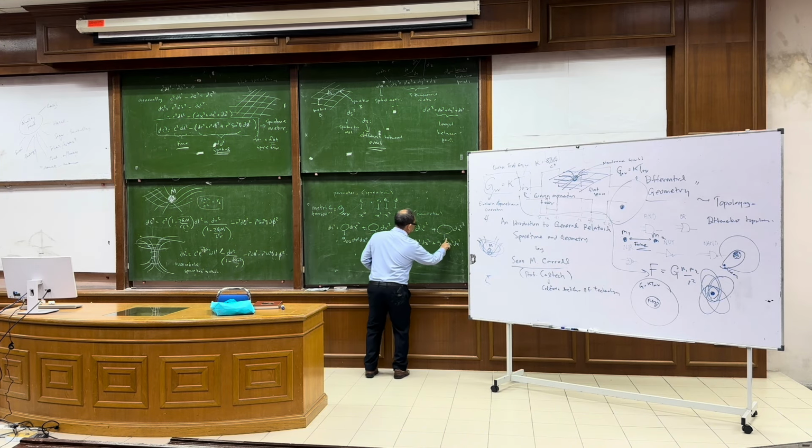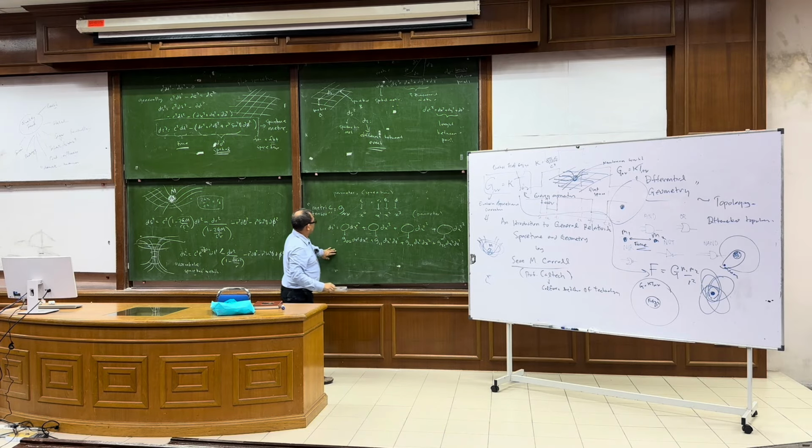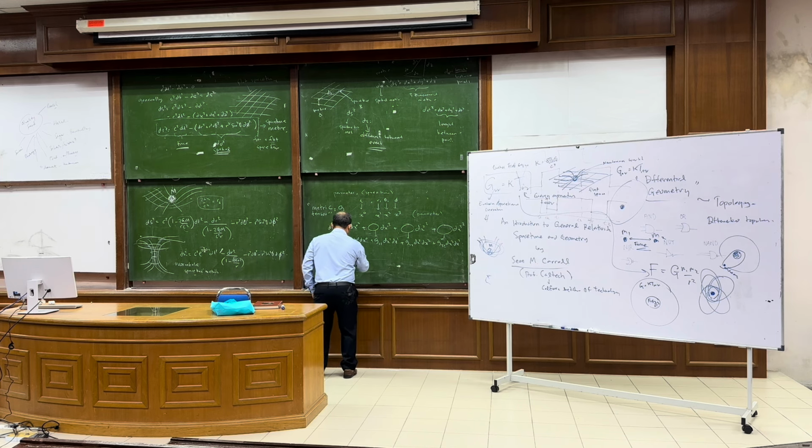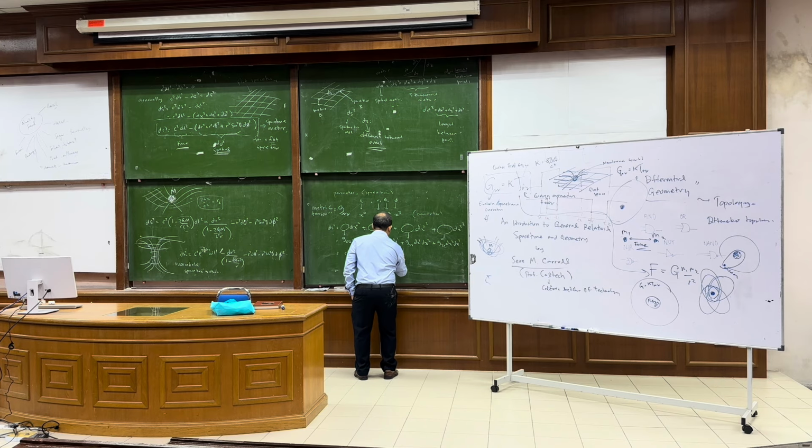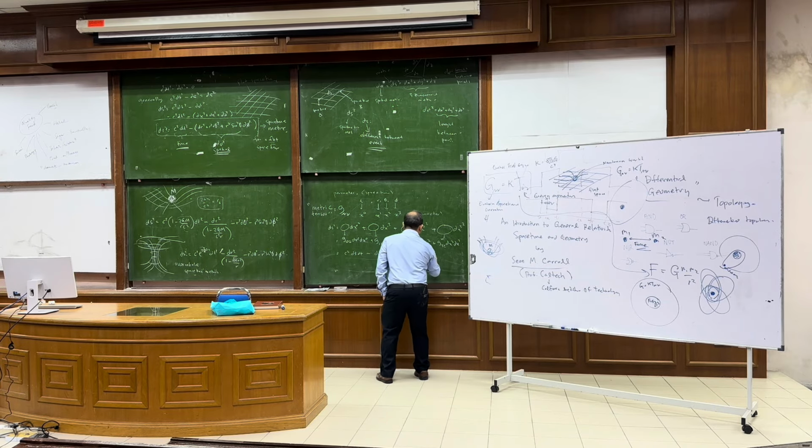So let's see the flat space-time, which is simple: this is c squared dt squared, minus dr squared, minus r squared d theta squared, minus r squared sin squared theta d phi squared.